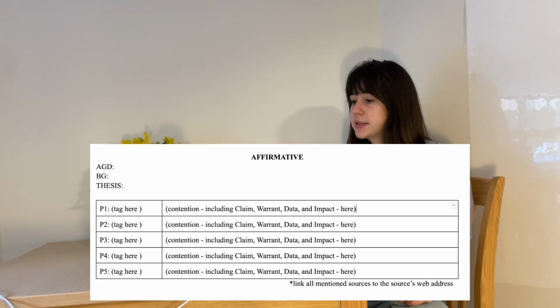Or what's the definition of this? Or what happened when this country tried that? So you need to have a full idea of the background that's separate from the background you would be giving the audience, because that background is specifically aimed towards where I'm going to be steering them in my speech. So in that second line under AGD, background, put any information that's relevant for them to understand in order for your contentions to make sense.